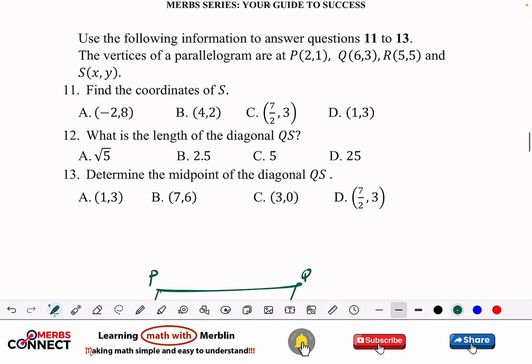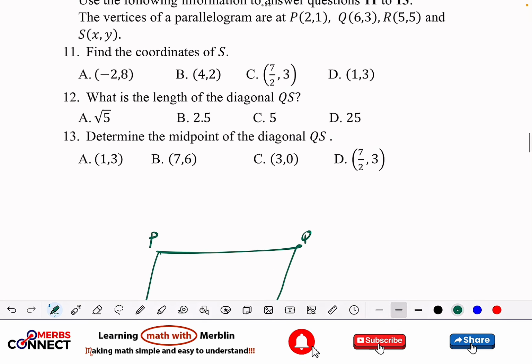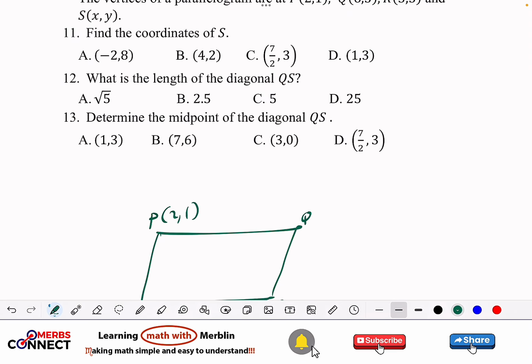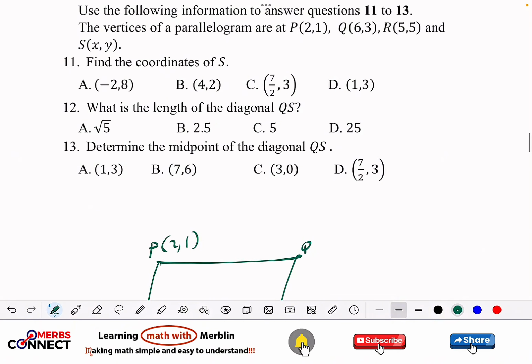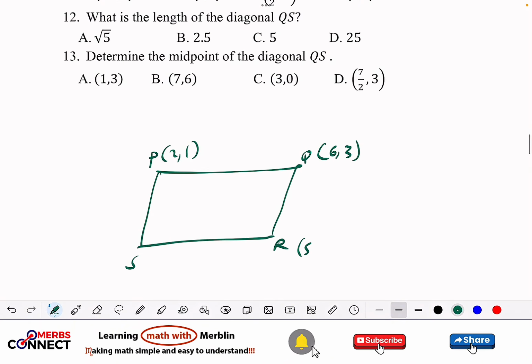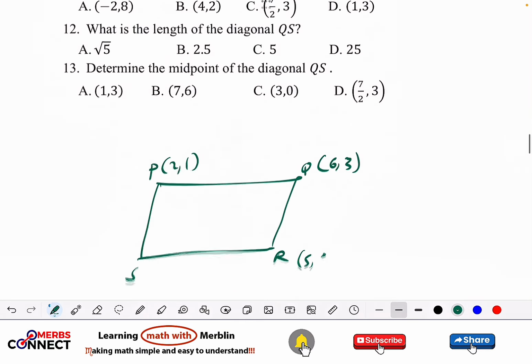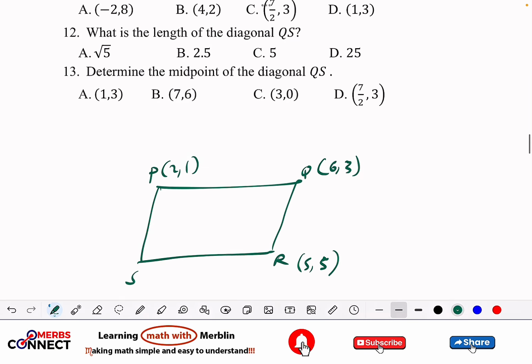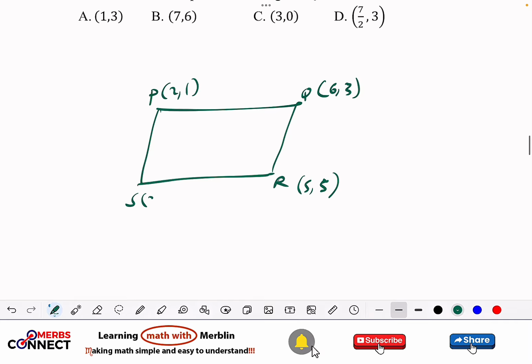So one property that we are going to use here: we are trying to find the coordinate S, given the 3 coordinates. But we can use the idea of midpoint, because this line here and this line here have the same midpoint.